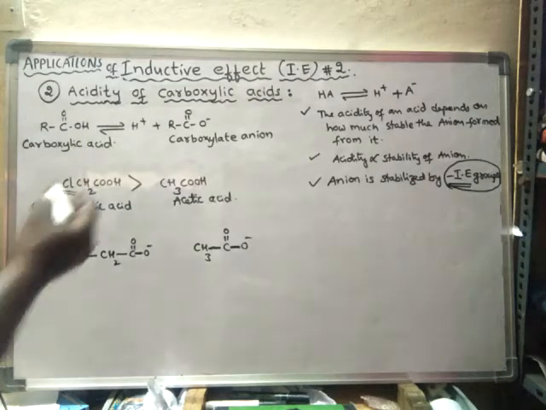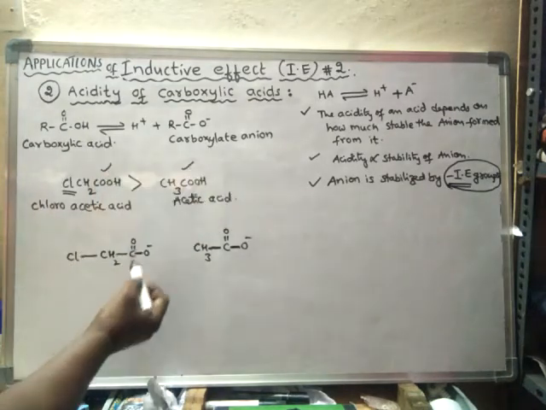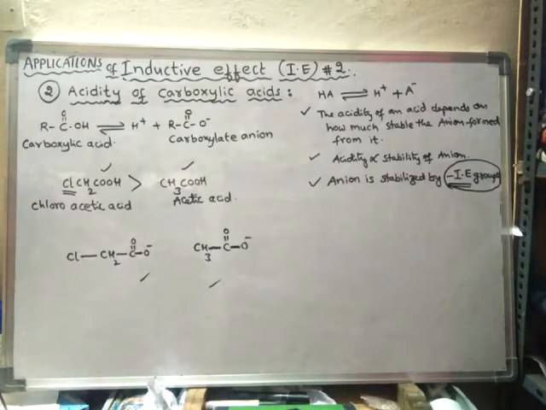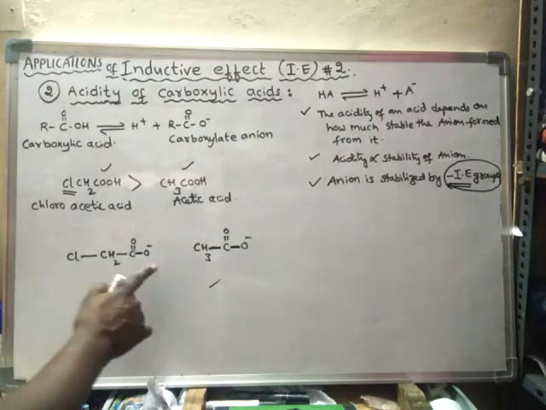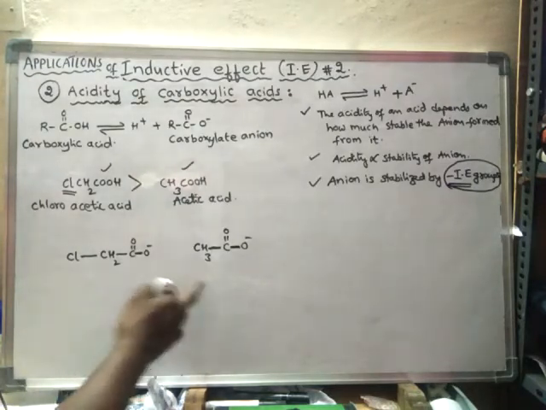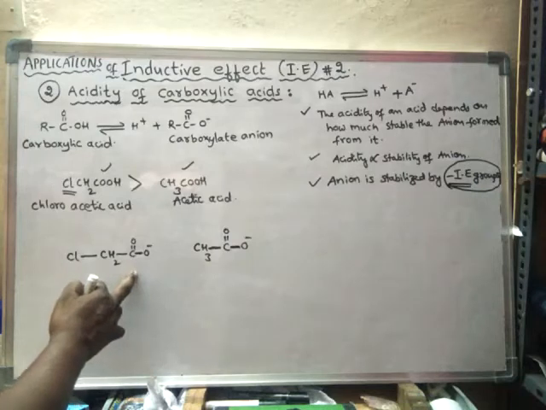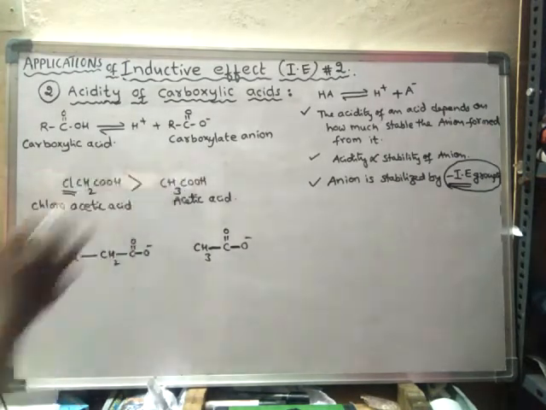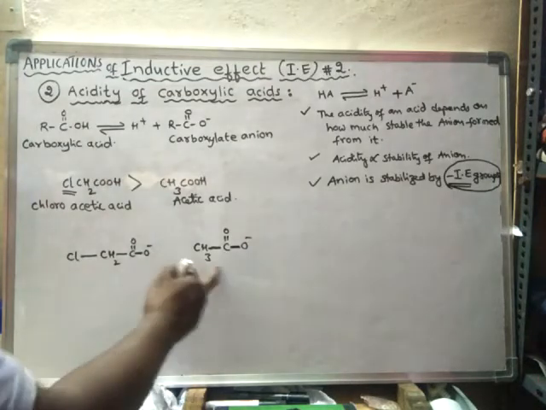Okay, so the strength of the acid depends upon how stable the anion formed from it will be. So we have to compare which anion is more stable. The anion which is more stable, the related acid will be stronger. Okay, so now how to compare the stability of the anion?